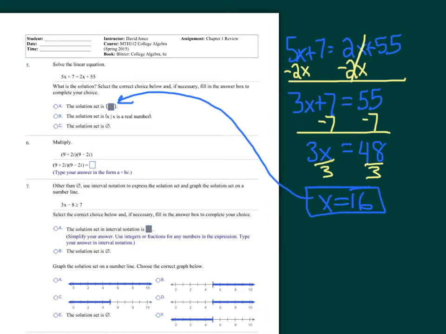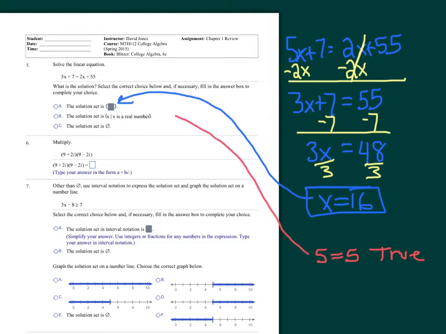We talked about in class, a solution set is x, where x is a real number. If you're in a situation where all the x's disappear and you have only numbers left, maybe something like 5 equals 5, that would be a true statement, and it would indicate that anything that we plug in for x is going to work.